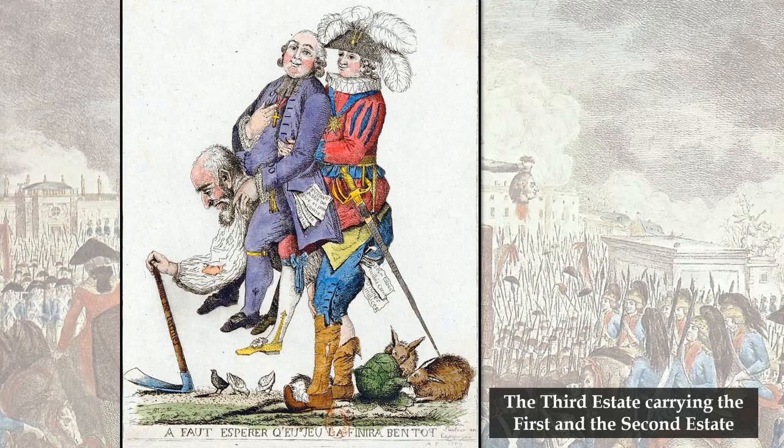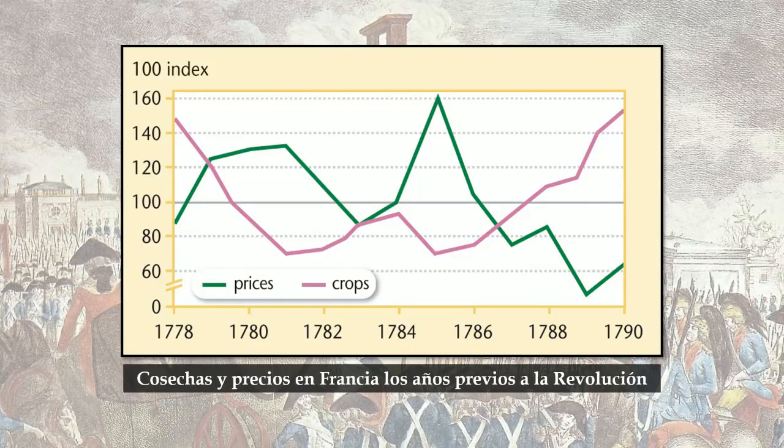And also within this, the bourgeoisie, which is part of the commoners, had money and they wanted the political power as the American bourgeoisie did. And they are going to get it, of course.